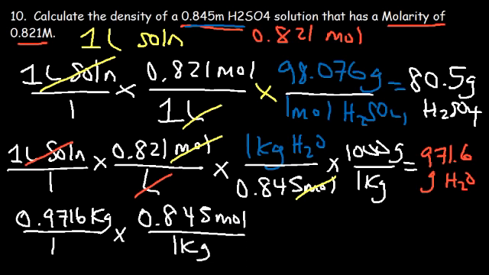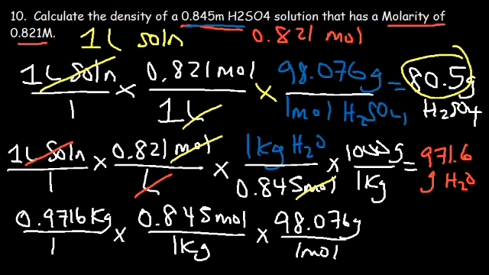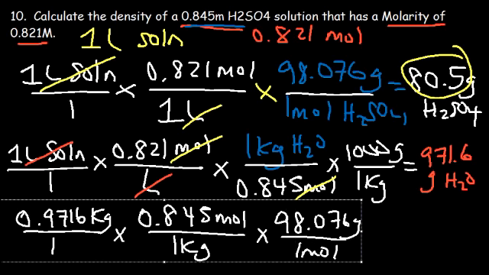If you type in 0.9716 times 0.845 times 98.076, you're going to get 80.5 grams of sulfuric acid. So we know these numbers agree with one another.